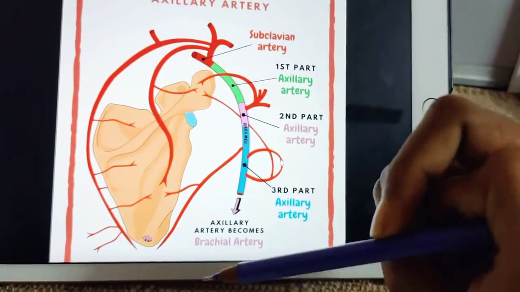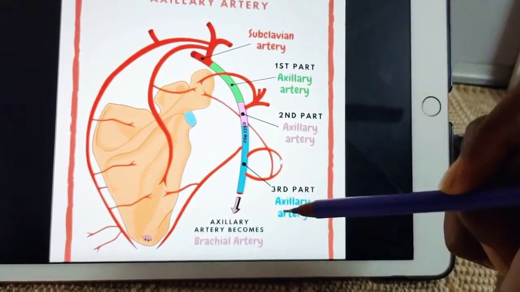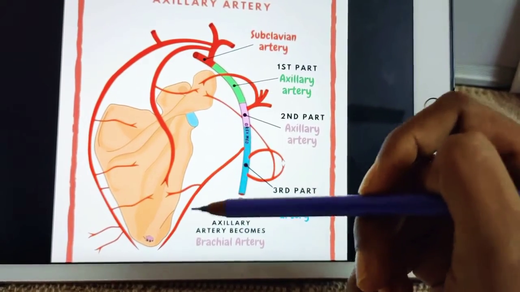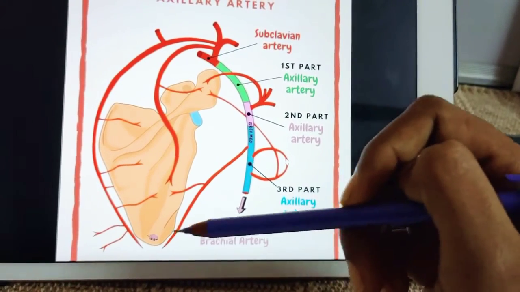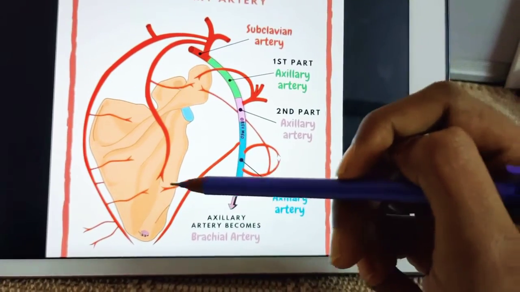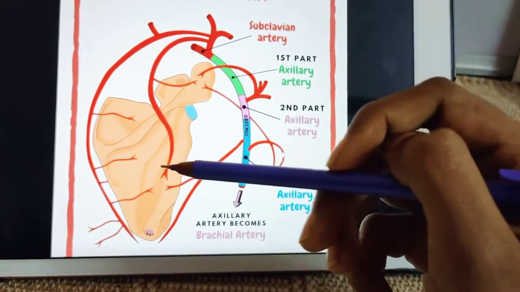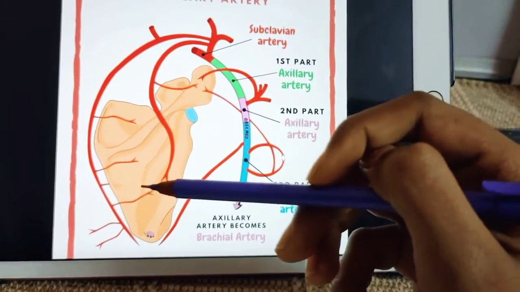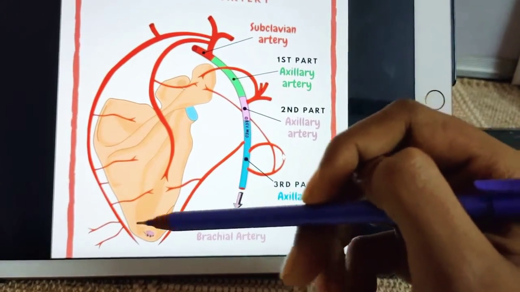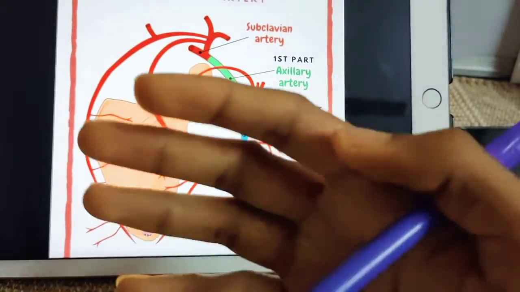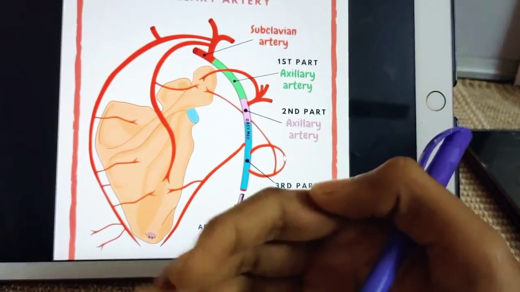And the third artery, coming from the third part of axillary artery, is the subscapular artery. This subscapular artery gives the circumflex scapular artery, which takes part in the anastomosis around the body of scapula. So we have understood the anastomosis around body of scapula.